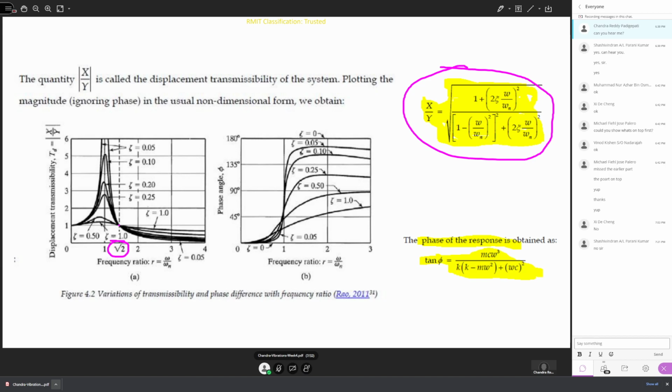So X by Y is the response of the forced vibration with base movement, the amplitude ratio or the force ratio. You can see that the important factor here is the ratio of the frequencies omega over omega n. And the phase response for the system can be written like this.